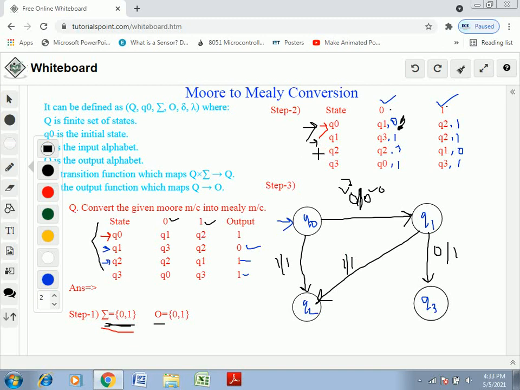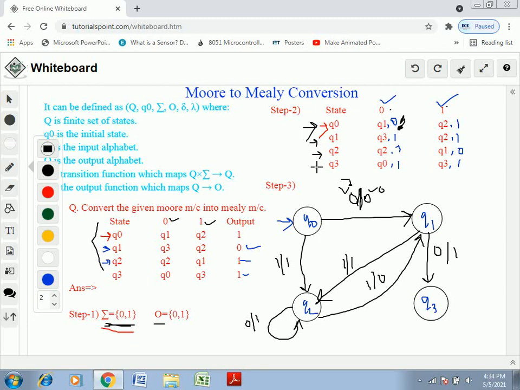Next we jump to the state Q2. From Q2 it goes to itself, that is Q2, for the input 0 and it generates the output 1. Next Q2 goes to Q1. I give the reverse arrow, Q2 goes to Q1, for the input 1 and it generates the output 0.